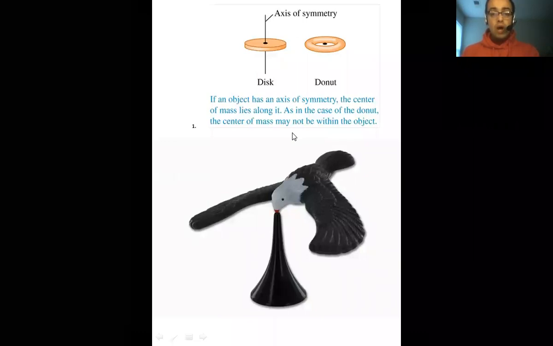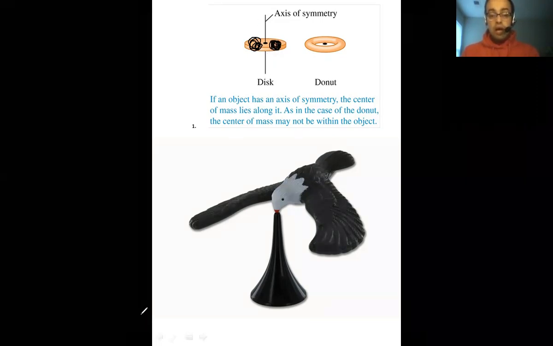All right? You can also have some interesting things happen if you have an axis of symmetry. If you have an axis of symmetry, the center of mass lies along that axis of symmetry. Again, assuming a homogeneous object, if you're looking at this disk, you have as much stuff on this side of the disk as you do on this side of the disk, meaning that your center of mass is going to be somewhere in here.